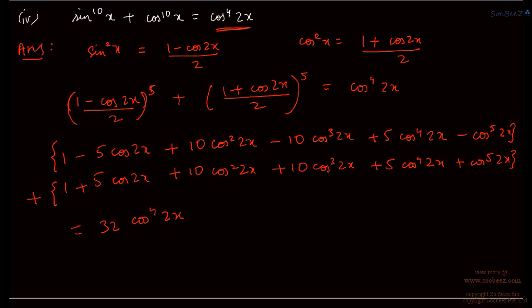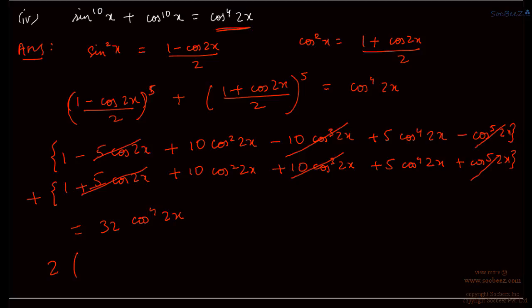Now what I said was interesting here is that all the odd exponents of cos 2x get cancelled. So you have minus 5 cos 2x, 5 cos 2x. This cancels, this cancels, and obviously the other ones become multiples of 2.